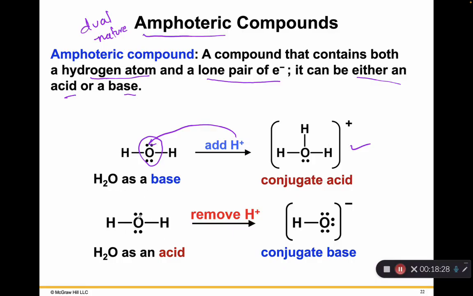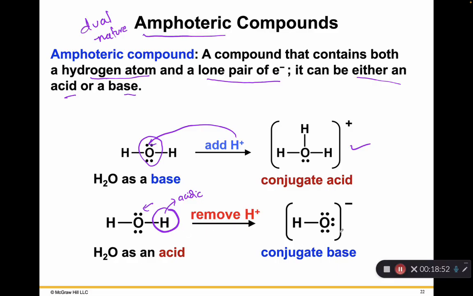Whenever water acts as an acid, it means that one of the hydrogens can be given away because oxygen is more electronegative in nature. It will pull the shared pair of electrons towards itself. That makes the hydrogen acidic, right? So now that hydrogen, poor in electrons, can be easily removed. Whatever is left is the conjugate base, right?